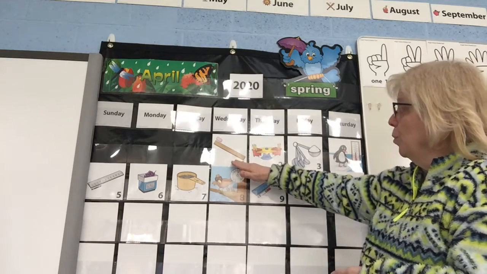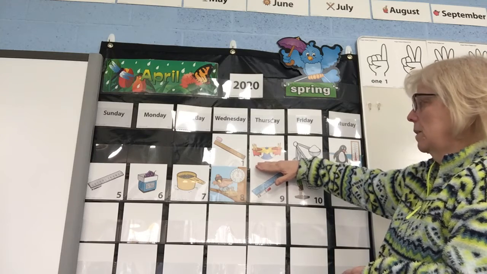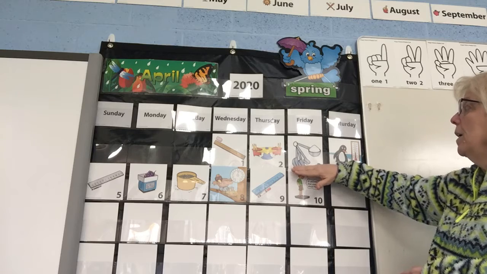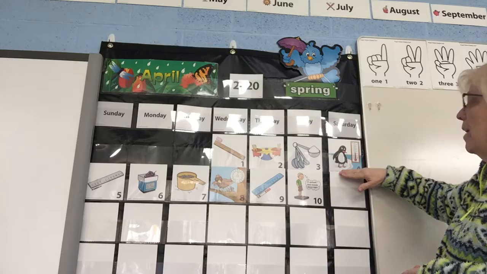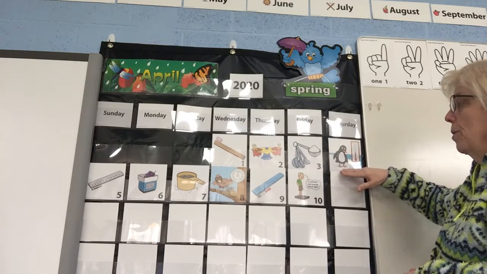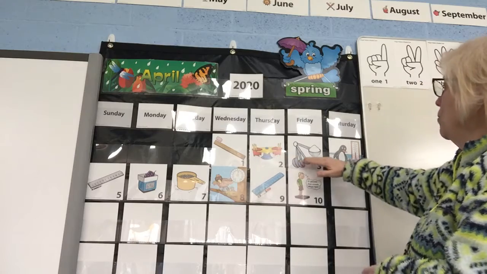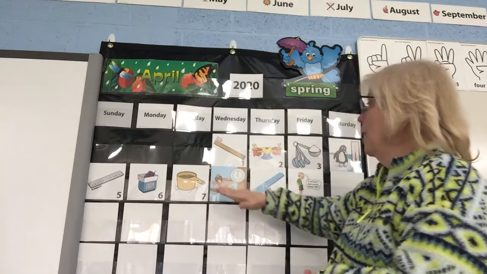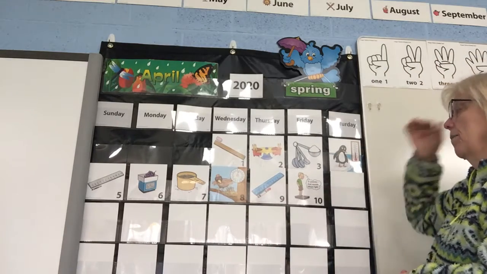So we have our ruler, we have our scale, we have our measuring spoons in this one, and over here we have a thermometer. So ruler, scale, measuring spoons, thermometer, ruler, scale, measuring cup, thermometer, ruler, scale.